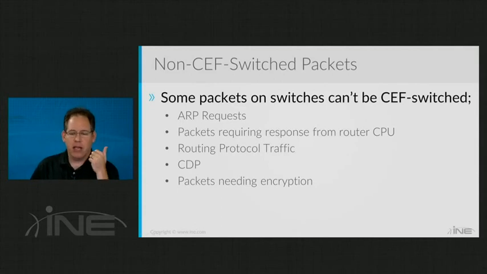For example, if a packet comes in that needs to be routed and the TTL on that incoming packet is 1, well, the router would have to see that because it's going to decrement it to 0. It has to be able to kill that packet, and that would cause a TTL expired message, so that has to have visibility to the CPU.